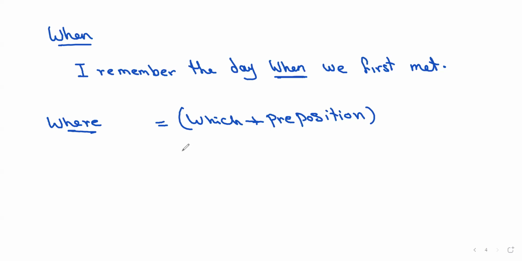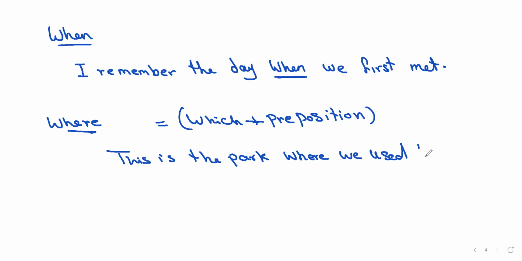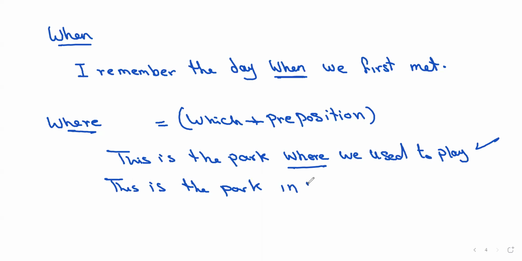So we can say, this is the park where we used to play. It's correct. We use where to refer to the place. And we can say, this is the park in which we used to play.